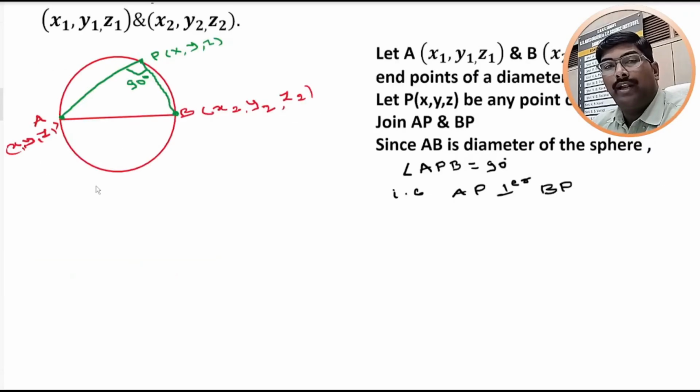Now we have to write down the direction ratios of the line AP and the direction ratios of the line BP.